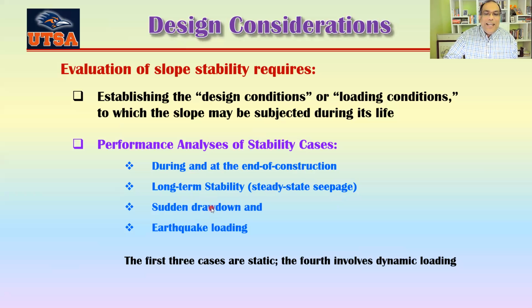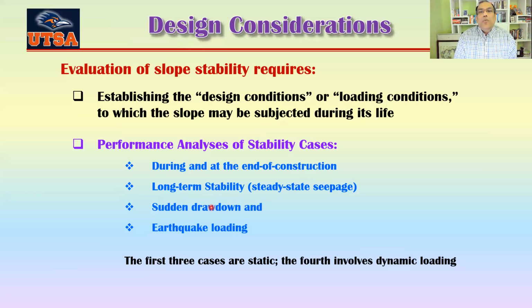So the second one is long-term stability. The third one is sudden drawdown. Sometimes we also call that rapid drawdown, which means you have a very high water level on one side of the slope, but it drops down very quickly, so the soil cannot drain by the time you drop the water elevation.